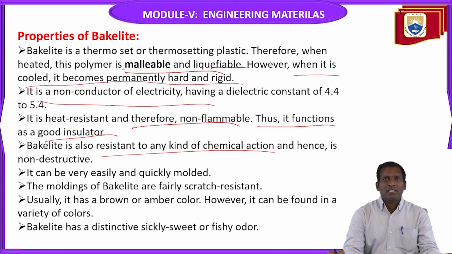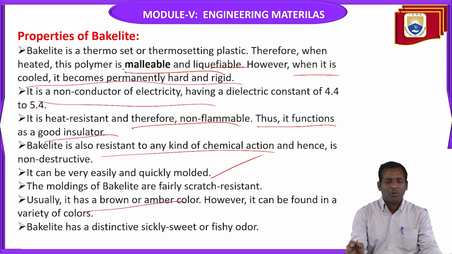It can be very easily and quickly molded. The moldings of bakelite are fairly scratch resistant. Usually, it has a brown or amber color, however it can be found in a variety of colors also.